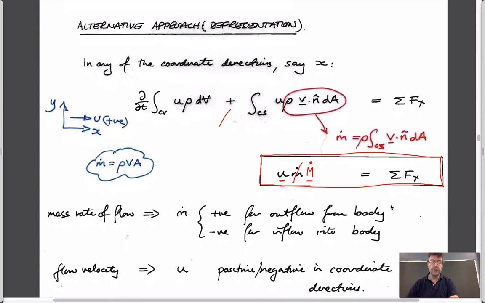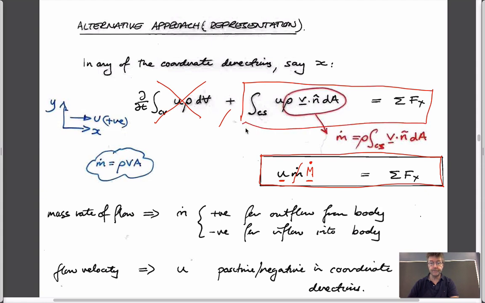In the stuff that we'll do, I can't imagine we'll have anything with a time component in it, so we don't care about that. So really what we're doing is this portion of the expression. If I write that out, this is flow velocity in the x direction, multiplied by what we've called mass flow rate, has to equal the sum of forces in x.